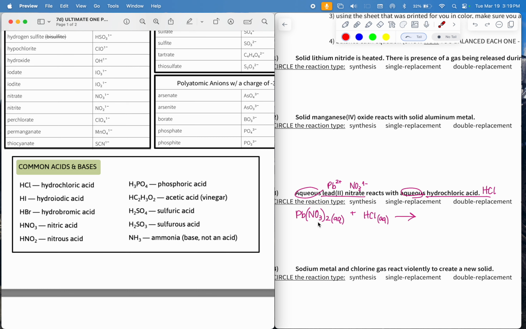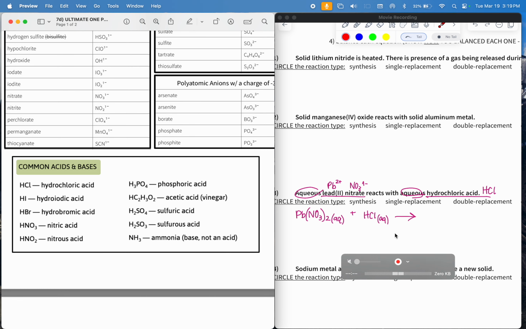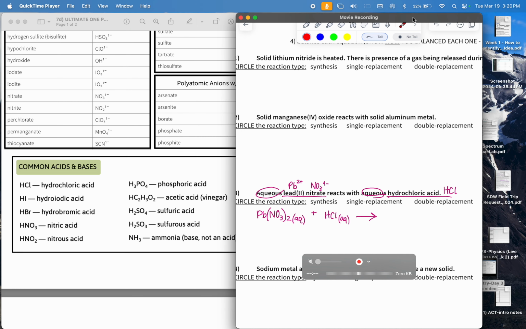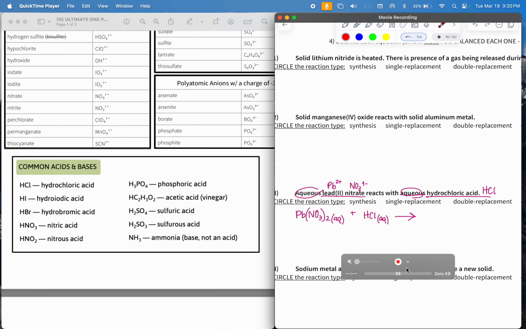Remember, our equations all follow specific patterns, typically seen with those ABs or A, B, C, and Ds as just a general pattern. So what you'll need to do is look in your notes and figure out what type of reaction this would most likely undergo, and then you're going to check that with Edpuzzle.